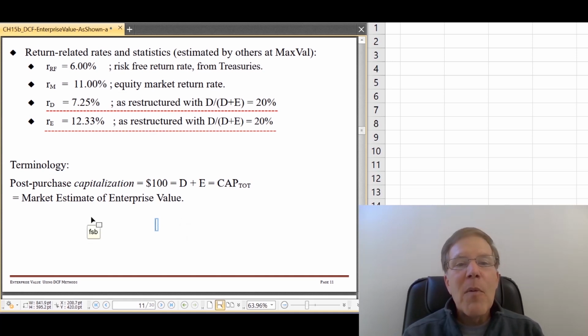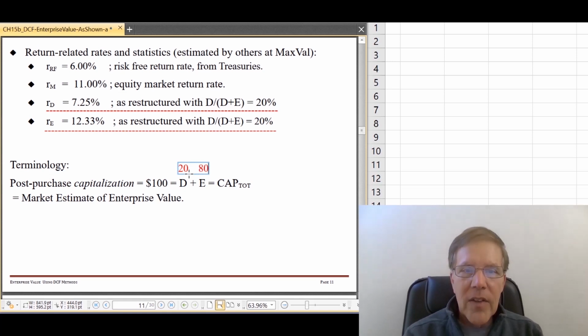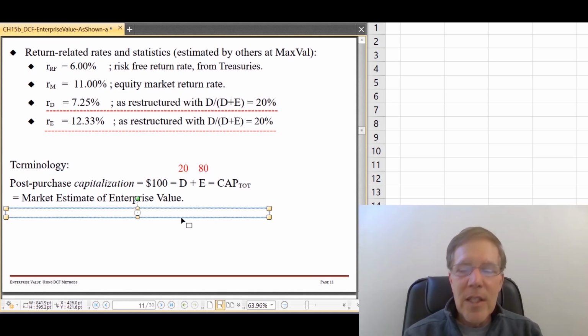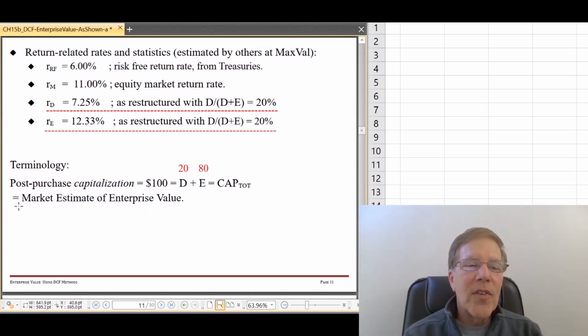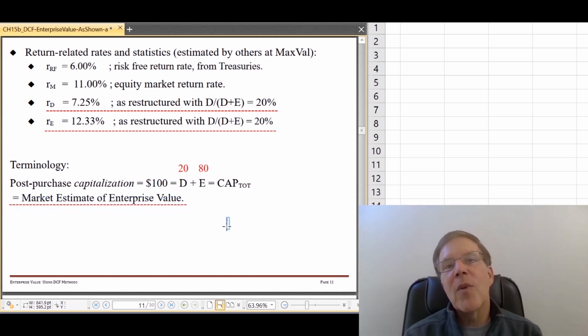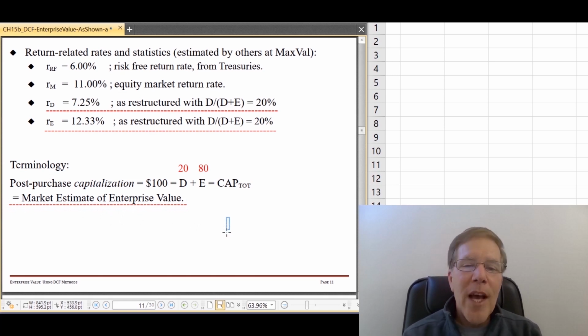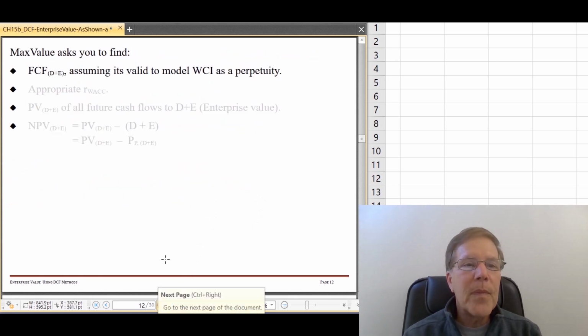Because that includes the 20 in debt and the 80 in equity, it's now more meaningful to say that this is truly the market estimate of enterprise value. That's what the market is saying we would have to cough up to own this firm and restructure it the way that we want to.